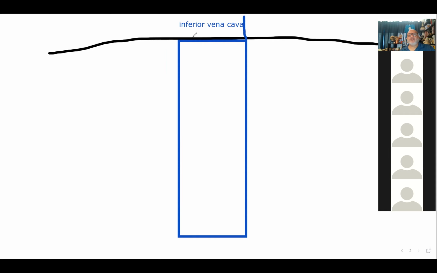And once again, starting superiorly, we can start to identify some of the blood vessels that feed into the inferior vena cava. What's the first set of blood vessels that feed into the inferior vena cava? Hepatic vein. Hepatic veins.